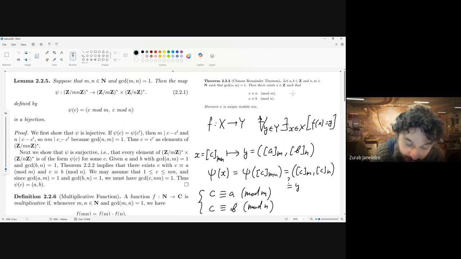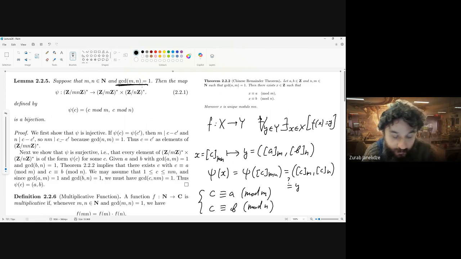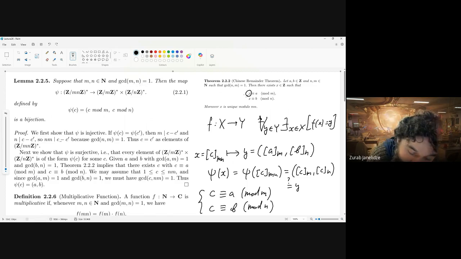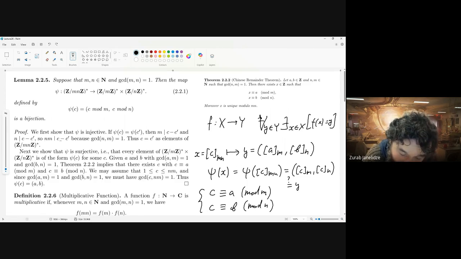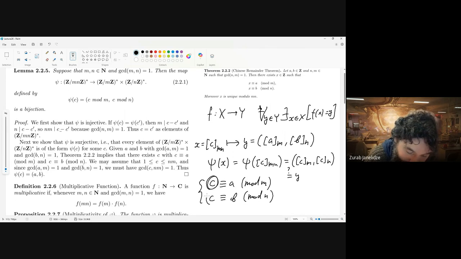It said that, in fact, even if A and B were arbitrary, this would be so. So A and B do not have to be co-prime with M and N respectively. Even for arbitrary A and B, as long as N and M are co-prime with each other, and they are, because in this lemma as well, we require them to be co-prime with each other, there always exists an X that's congruent to A modulo M and to B modulo N. That's what theorem 2.2.2 was saying. So we already know that such C exists just by that theorem.